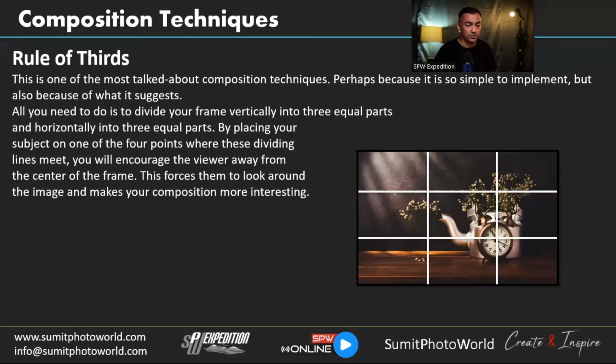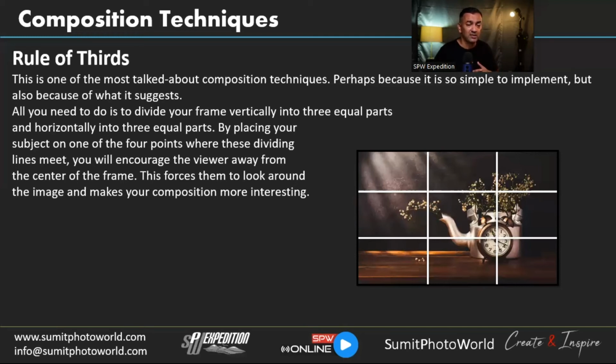All you need to do is divide your frame horizontally and vertically into 3 equal parts. By placing your subject on one of the 4 focal points, where these dividing lines meet, you will encourage the viewer away from the center of the frame.